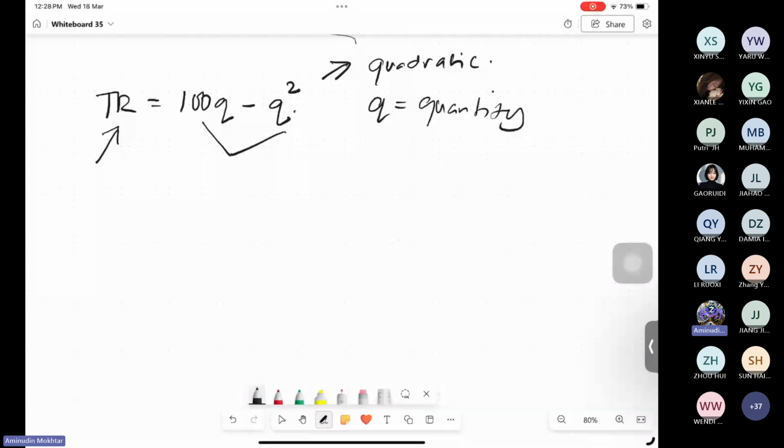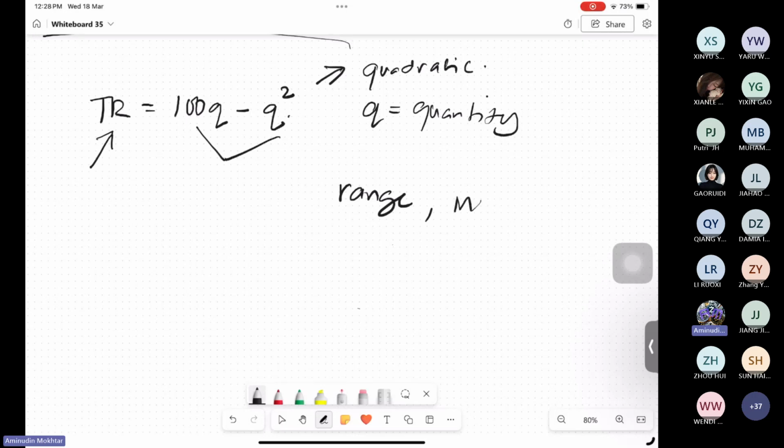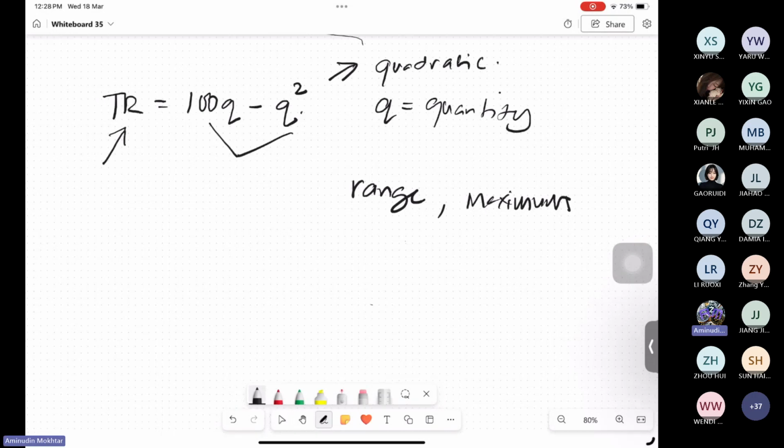The question asks you to specify the range of the function if the maximum limit of sale is equal to 50 units. Q is quantity sold with a maximum value of 50. The question is to specify the range. Find the range of the equation. Determine the range of the equation.